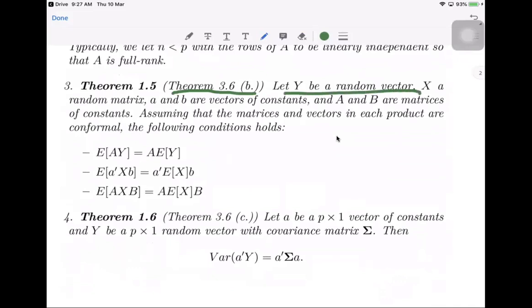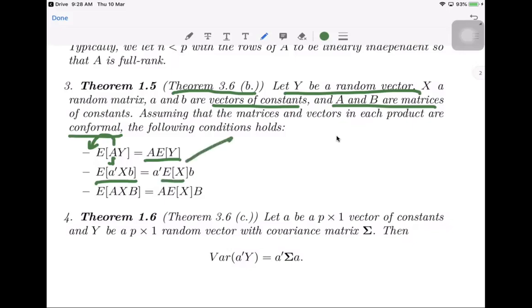So if you have y, a random vector, x, a random matrix, a and b are vectors of constants, and capital A and B are matrices of constants, and assuming that matrix multiplication is conformable, then the expected value of a prime x b is just equal to a prime, a vector of constants pre-multiplied to X, and b, a vector of constants post-multiplied to X.